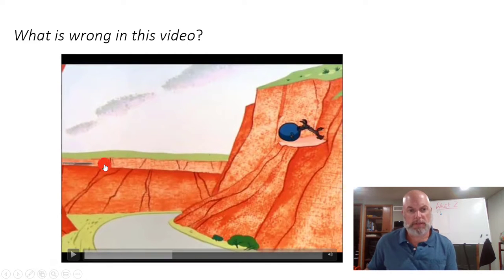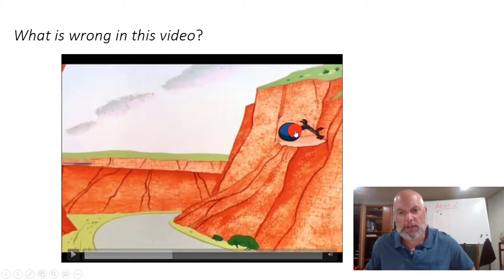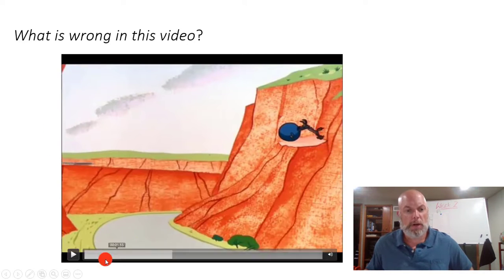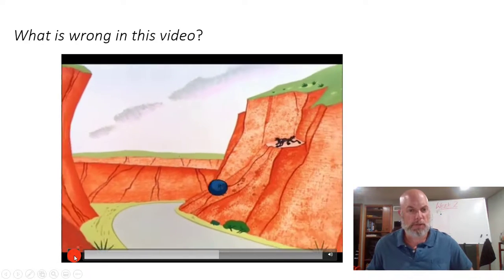Among other things, this is the exact same scenario we're talking about. He starts with it there. He might give it a little extra energy with a push, but it looks like he barely gets it off of there, so let's just say it's rolling. It cannot roll any higher than where it started. It only has that amount of energy to go, so there's no way it could go all the way up, right? Among other issues, but that's our main one there.